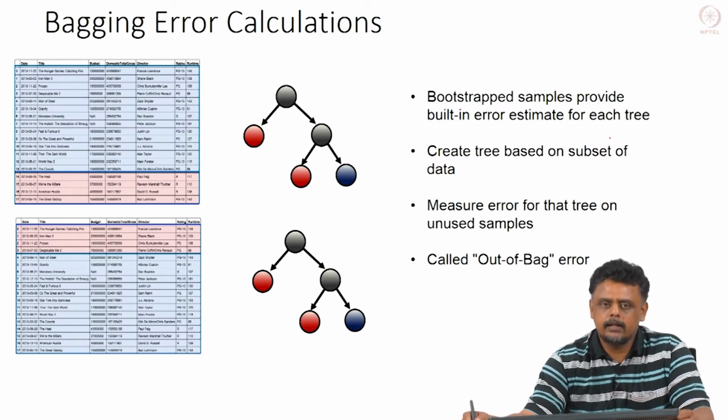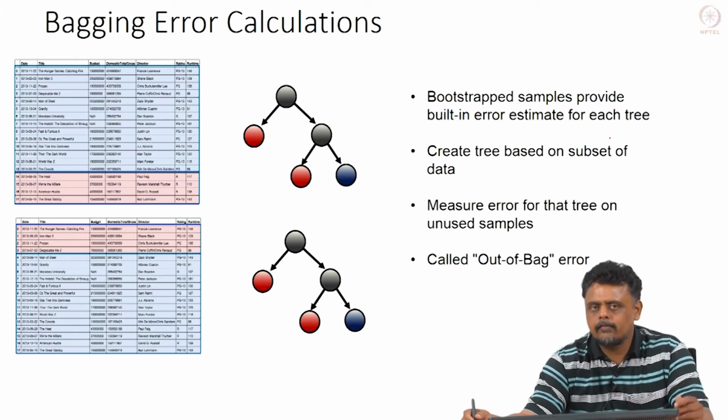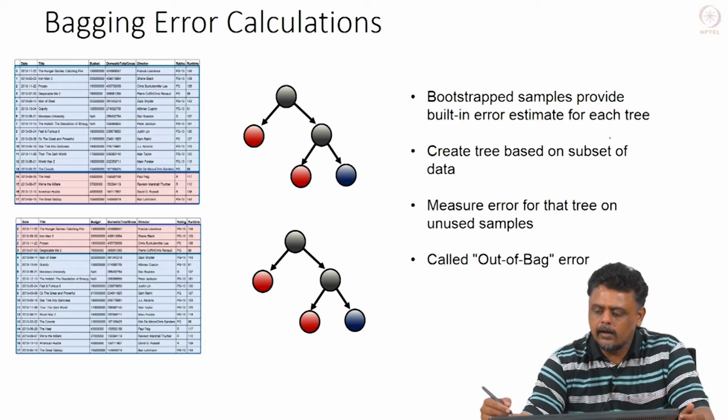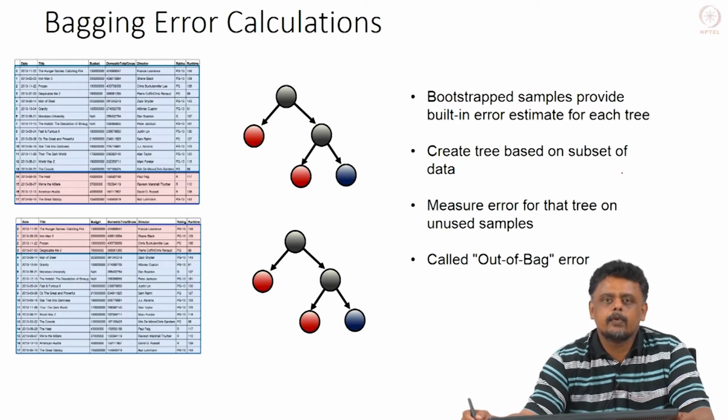So, what would be the typical approach taken when you are using bagging? We saw that about 1/3 of the data samples are left out on average in every bootstrapped version of your data set. So, once you have created a tree based on the subset of the data, you can measure the error on the unused samples.